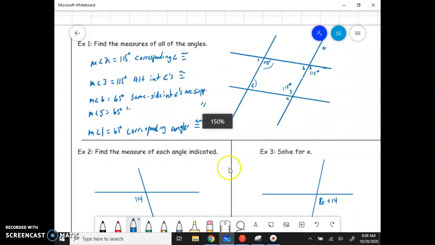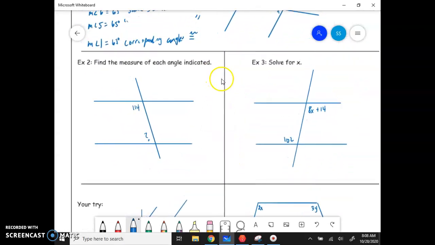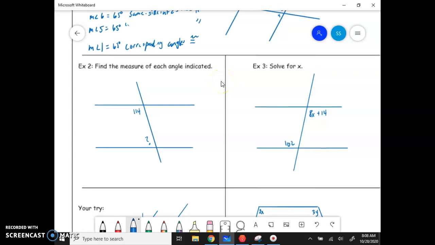You probably saw this coming, but we're going to use our knowledge of these theorems to solve some equations and find the missing measures. Okay, so number 2, find the measure of each angle indicated. What kind of angle pairs are these?